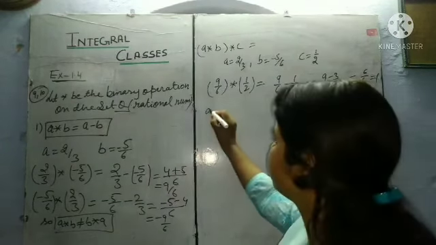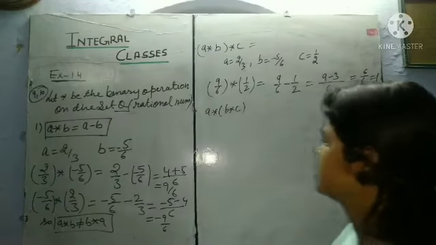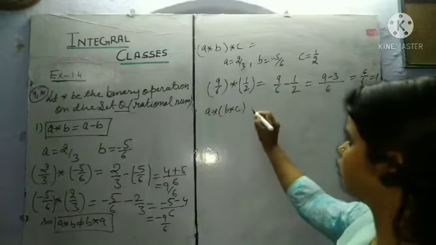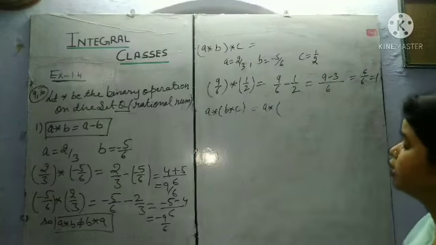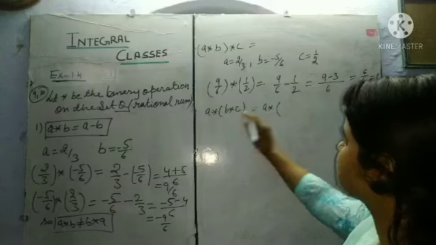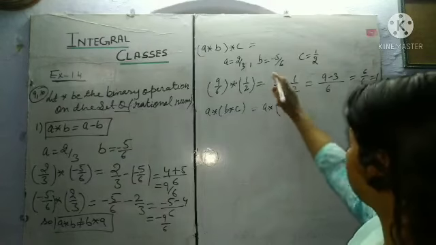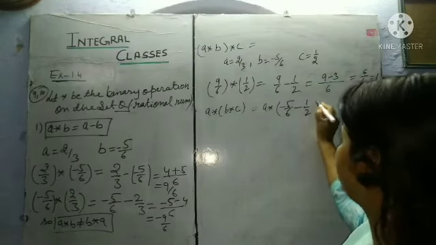Now on the other side we will find the value of A star B star C. Firstly we will find the value of B star C. Apply the binary operation A minus B. Here B is minus 5 by 6 and C is 1 by 2.